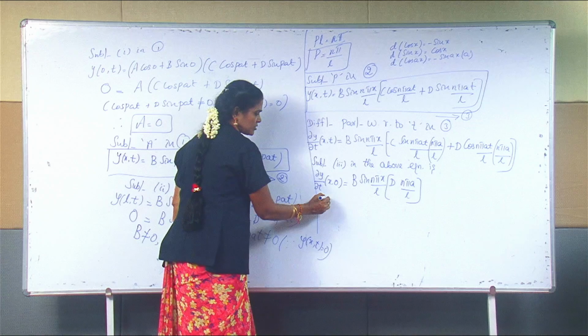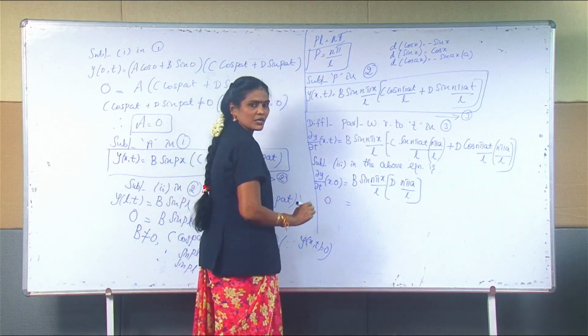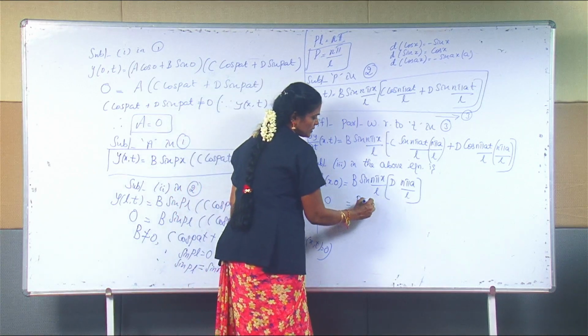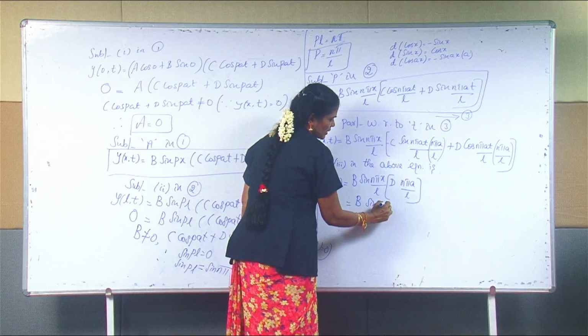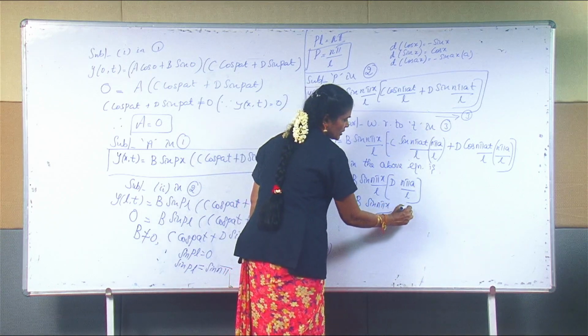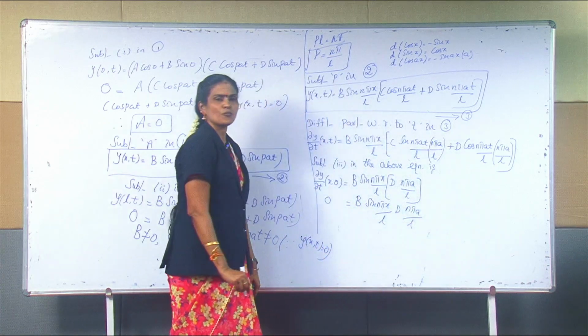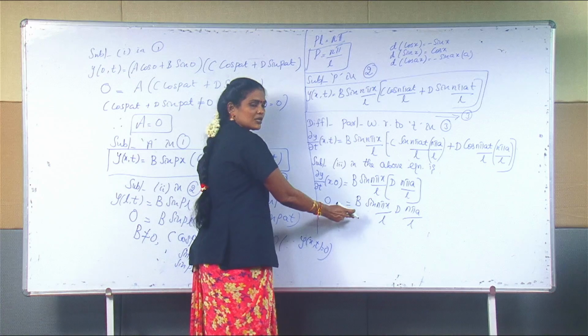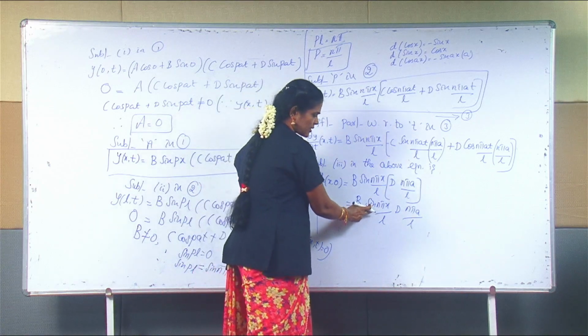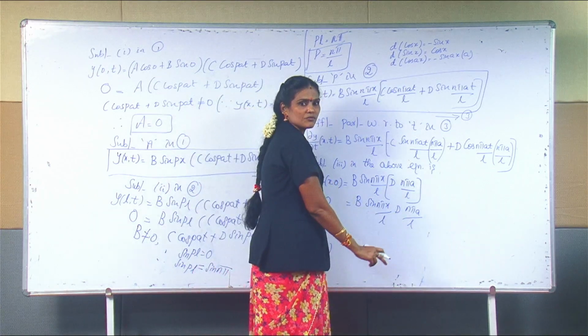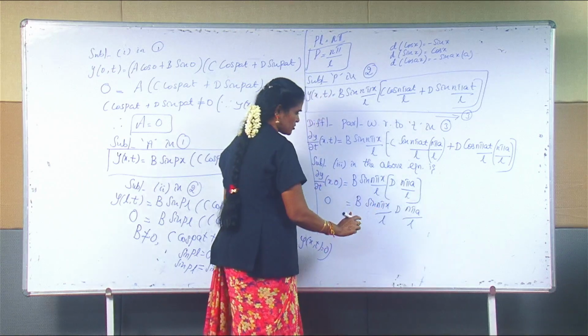By the boundary condition it is 0, so 0 equals b sin(n pi x by L) into d n pi a by L. Here we have four possibilities for 0: either b is 0, or sin(n pi x by L) is 0, or d is 0, or n pi a by L is 0.